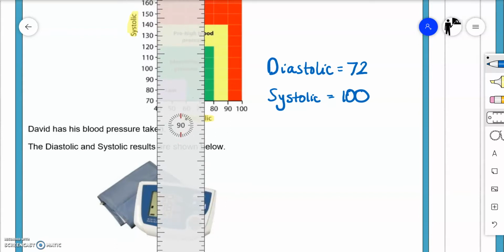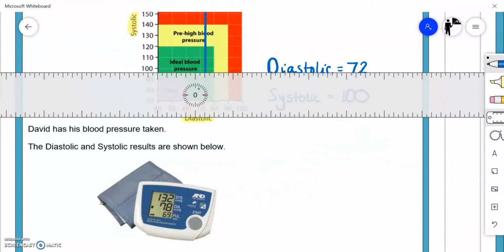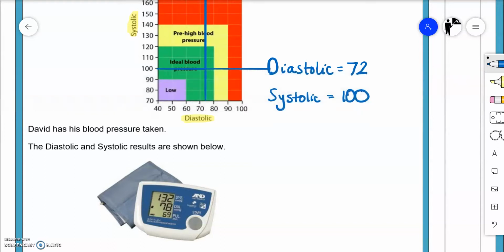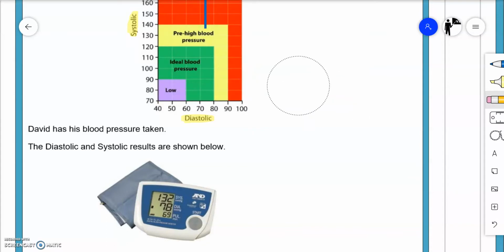That's roughly somewhere there. And then we're going to have to go to systolic, which is 100. And we'll read across and we'd see that it intersects in this green region. And in this green region, that would be a place where we have ideal blood pressure. So that's how we're going to have to be trying to interpret how these people's blood pressure are based on the readings in the question.